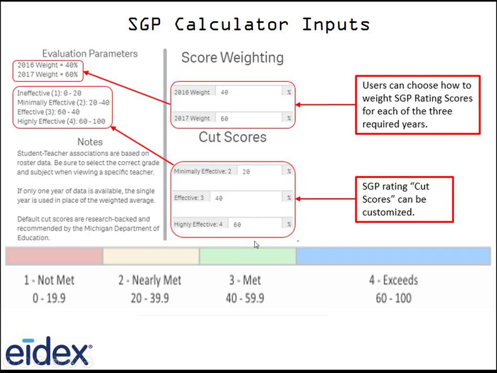So if you're above the 60th percentile with your average SGPs, you would receive highly effective. If you're between 40 and 60%, you would receive effective. If you're between 20 and 40%, you would receive minimally effective, and below 20th percentile, you would receive ineffective.